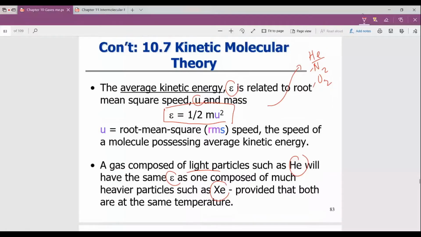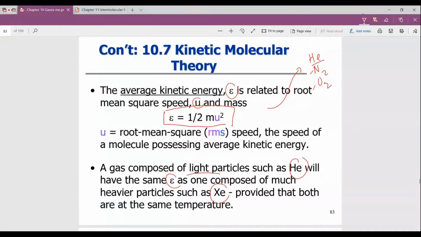The mass of the lighter gas is less compared to the mass of the heavier gas. Thus, a lighter gas like He will have a higher RMS speed, which is u, compared to O2. O2 is around 2 times 16, approximately 32, so much heavier compared to helium. That's why it has a lower RMS speed.